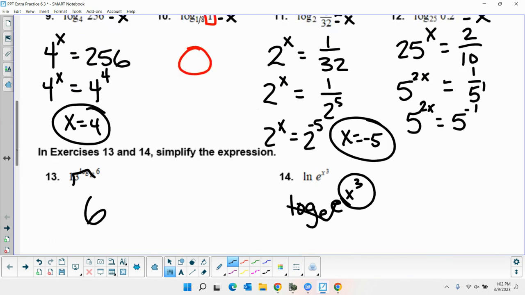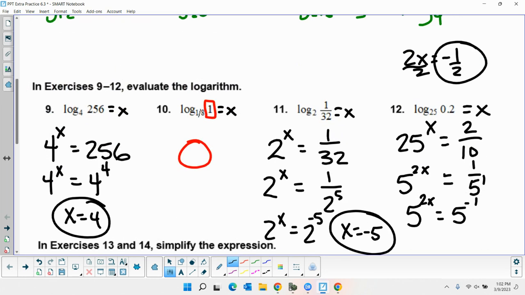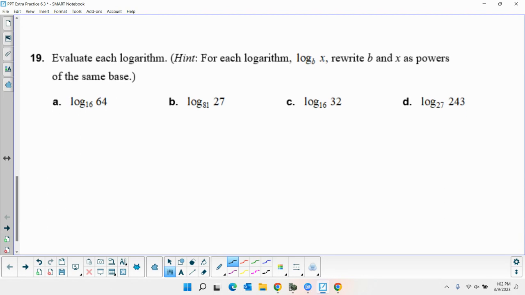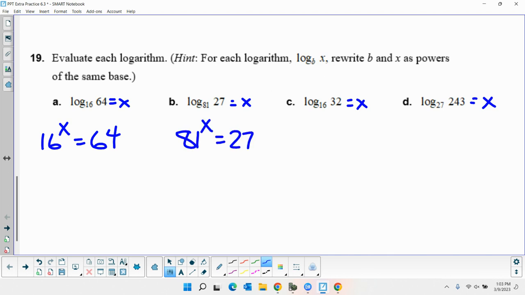19 is the same as these, except a little bit tougher because you have to figure out what base to use. Okay, so we're going to do the equals x stuff. Right? So 16 is the base to the x power is 64. 81 is the base to the x power is 27. 16 to the x power is 32. 27 to the x power.